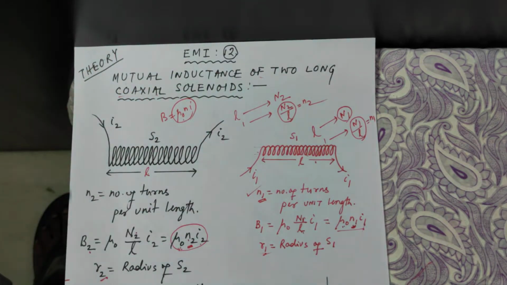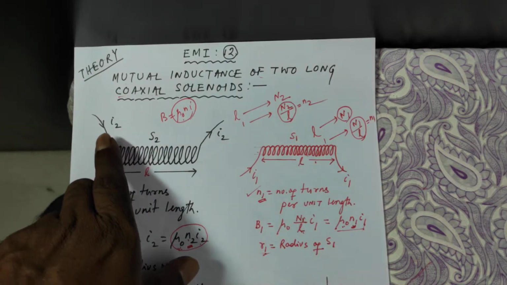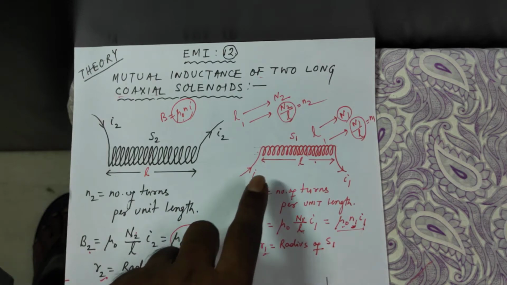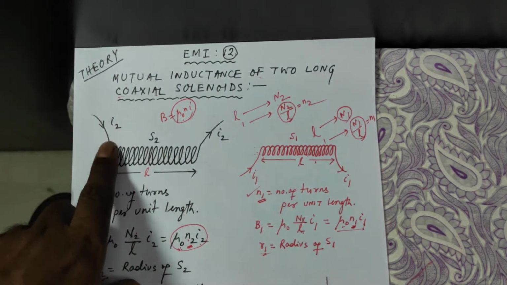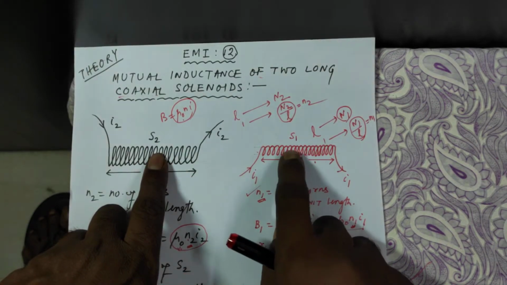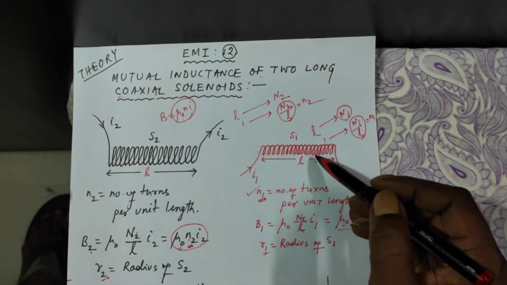Now let us come to the derivation part. Actually, we are not passing current simultaneously through both solenoids. We will pass current in one solenoid first, let's say through this solenoid, and the other solenoid is inside it. We are not passing any current through that.